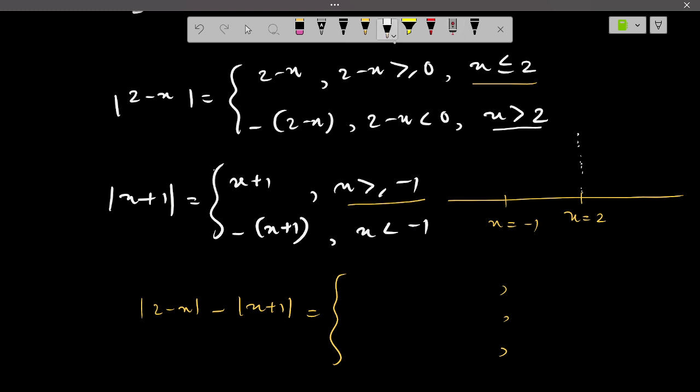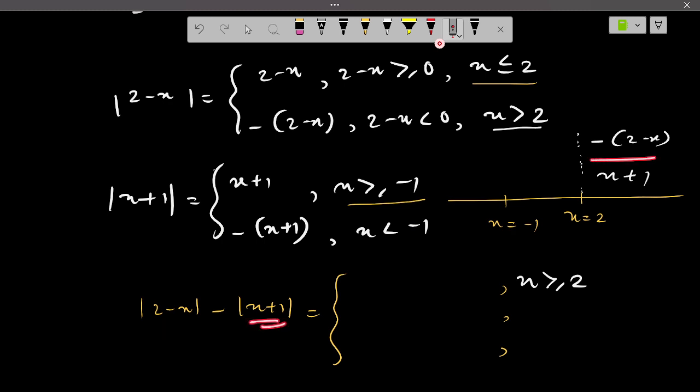So x greater than 2, we are getting minus of 2 minus x. Now from the another modulus we will get x plus 1. So I am going to write here everyone, when x is greater than 2, from this modulus we are getting this one, and from this modulus we are getting this one.